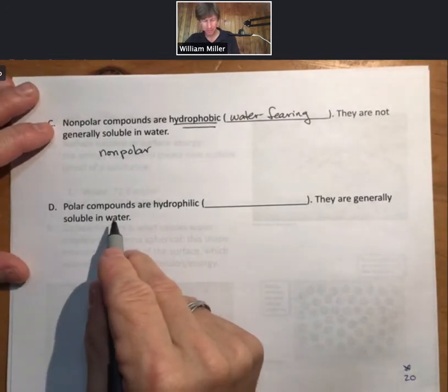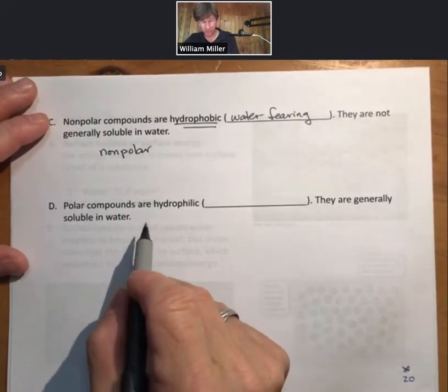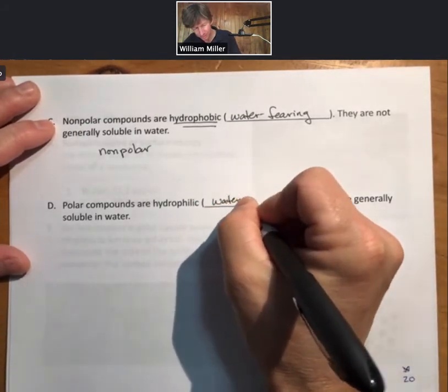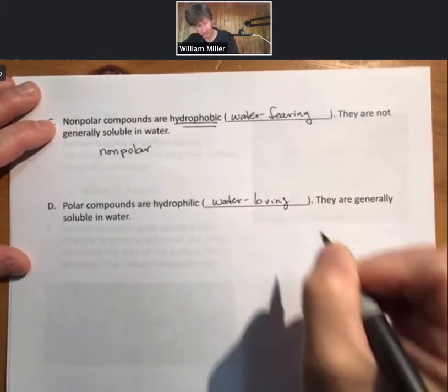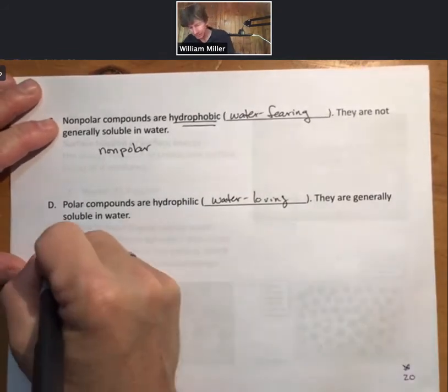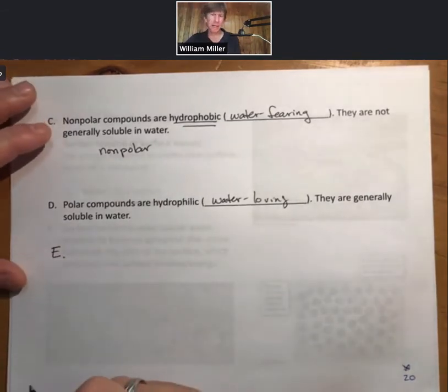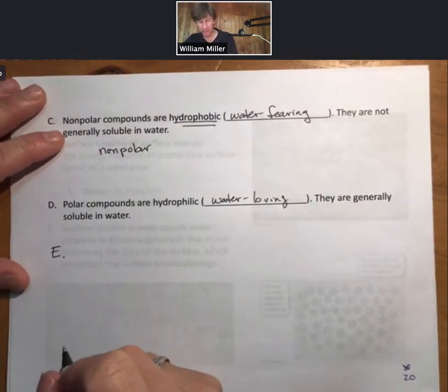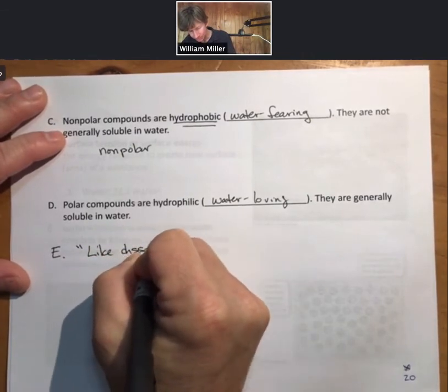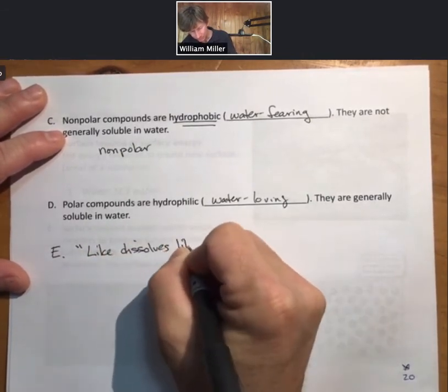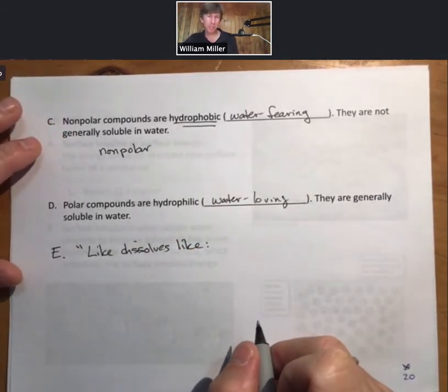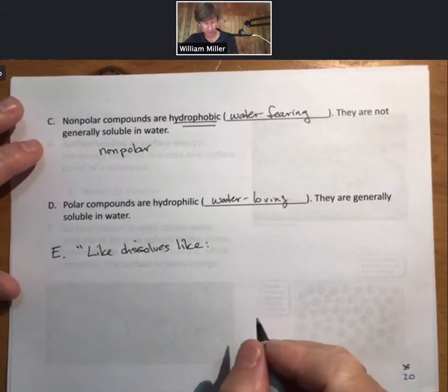Polar compounds, which have dipole-dipole forces, are hydrophilic, water-loving. And they are generally soluble in water. And so the end result that I like to remember for solubility is like dissolves like. And that means that nonpolar compounds tend to dissolve in each other.